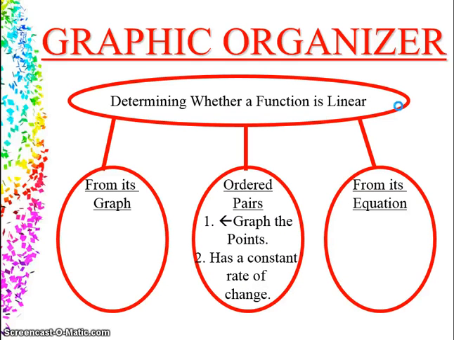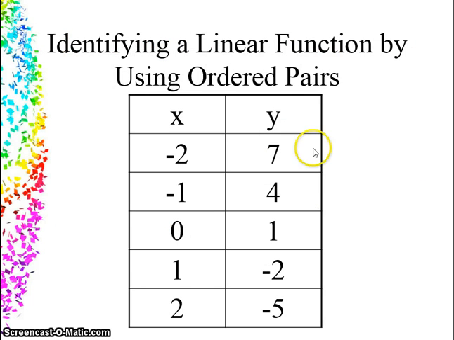Now, let's determine whether a function is linear or not based on its ordered pairs. So our first option is we could graph the points and then use our strategies for graphing, but in my opinion, it's easier to determine if the ordered pairs form a constant rate of change or not. So let's look at this table and we'll test and see if it has a constant rate of change or not.